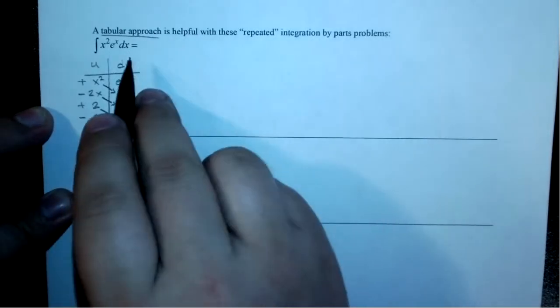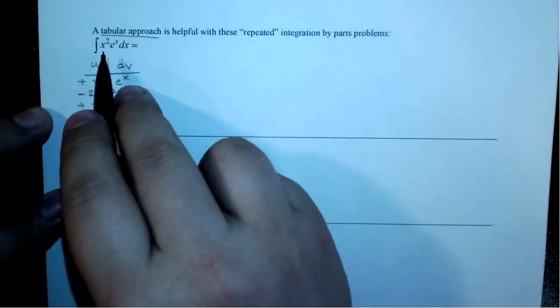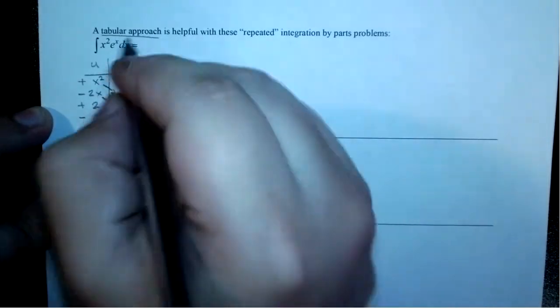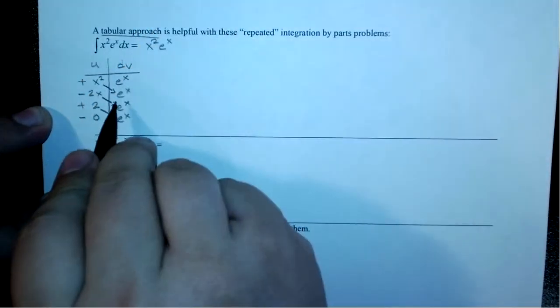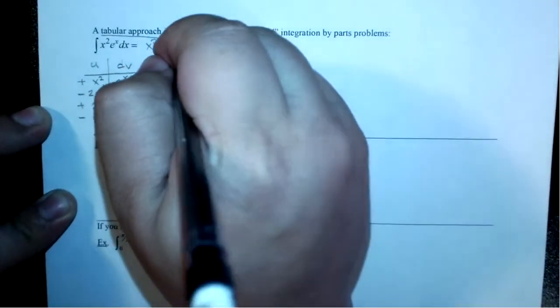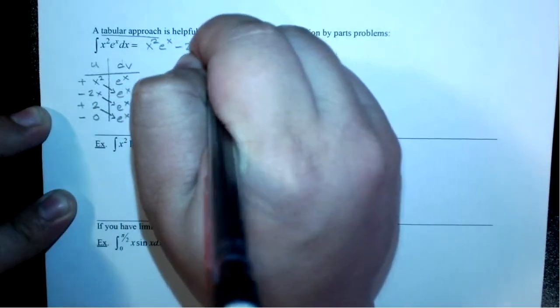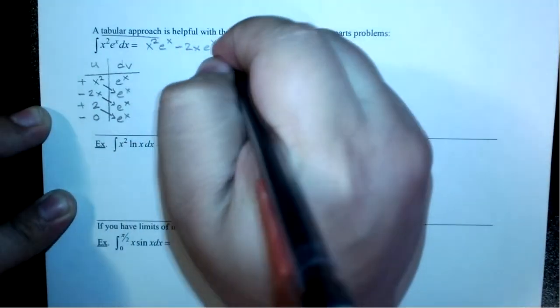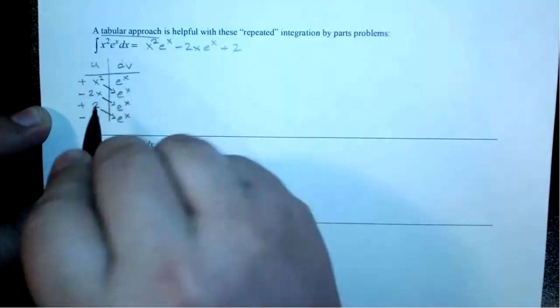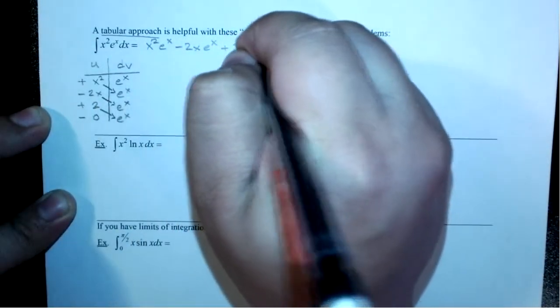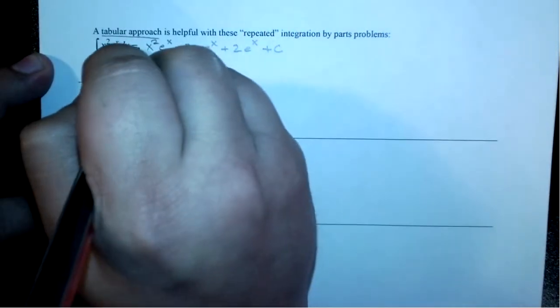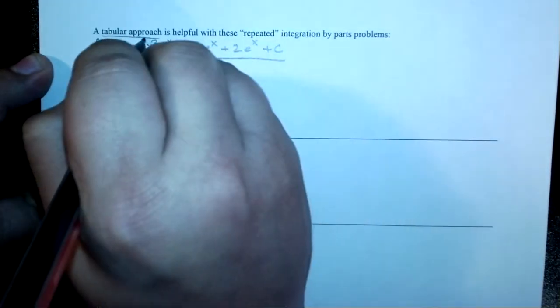So in other words, the integral of x squared e to the x dx is simply x squared times e to the x minus 2x times e to the x plus 2 times e to the x plus c. And with that, you are done.